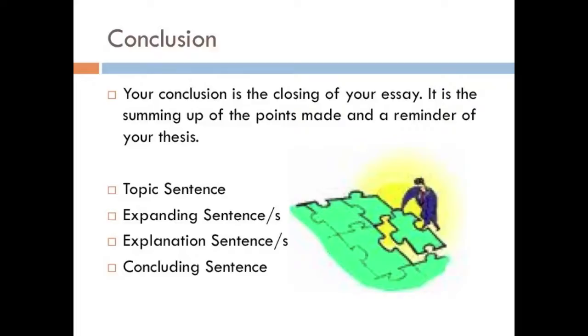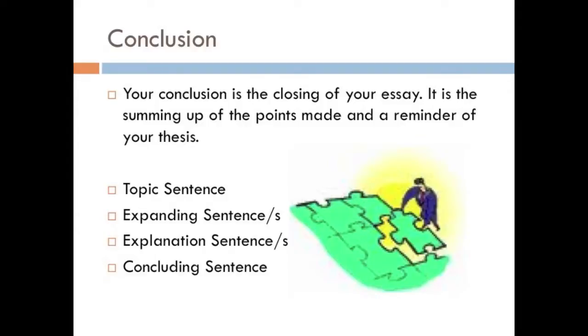So now I want to teach you how to write your conclusion. We've looked at an introduction and a body paragraph, and now let's have a look at how we would conclude our essay. So your conclusion is the last paragraph in your essay, and it's the closing of your essay. You're bringing it all to an end. So you need to sum up the points you made, and you need to remind the reader of your thesis, which was your argument, your main idea.